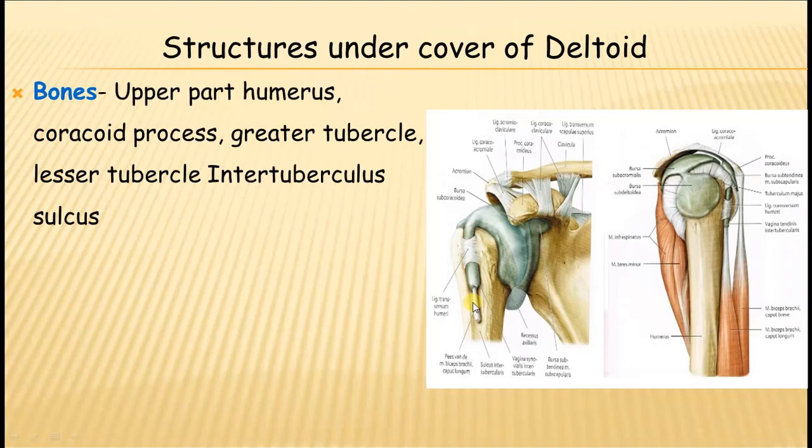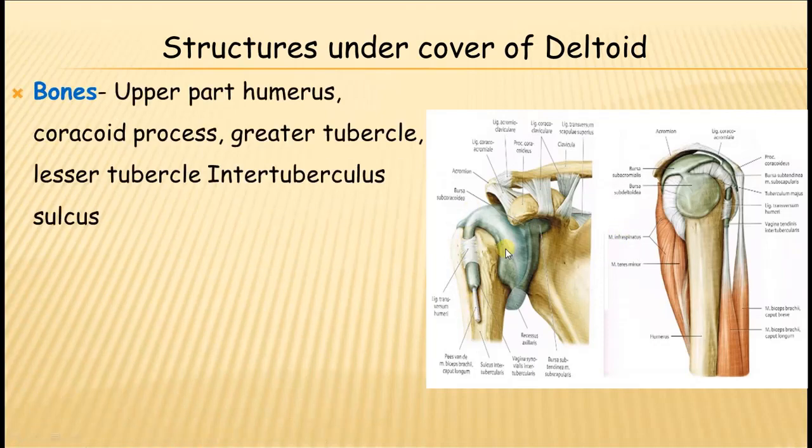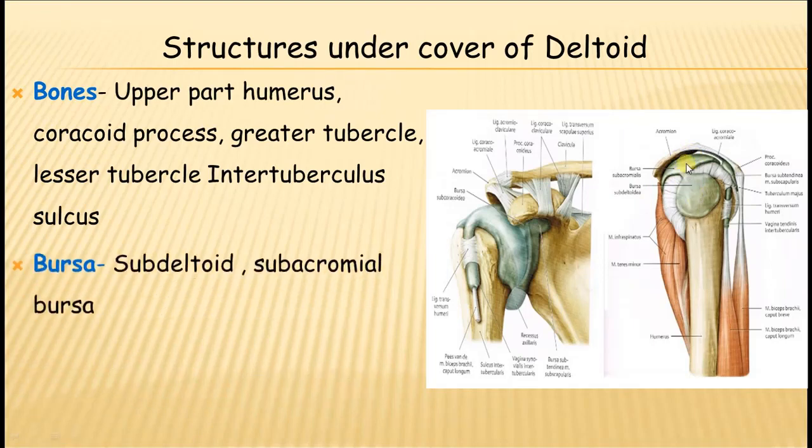Okay. Now next to the bones, what you see here is certain bursae. Here you are able to see the capsule. Apart from that, this is one bursa, this is one bursa: subdeltoid bursa and subacromial bursa.